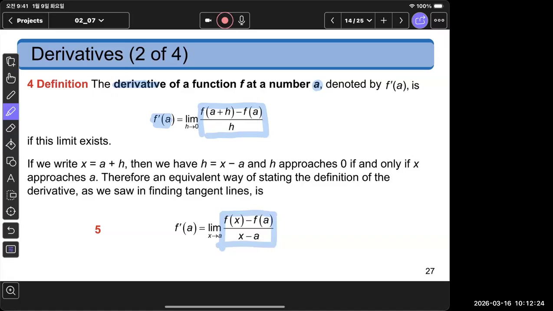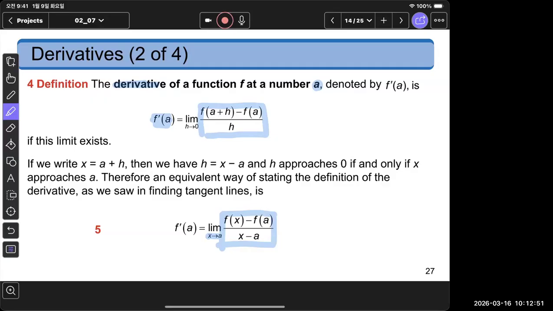If that limit exists, it is called the derivative of f at a. So the derivative of f at a graphically implies the slope of the tangent line of the function f at the point a.